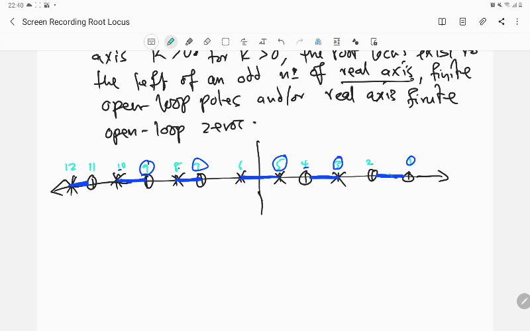for example, if I pick a point here, then the pole here, the zero here, will contribute an angle.